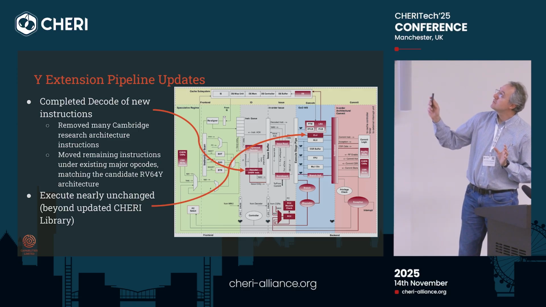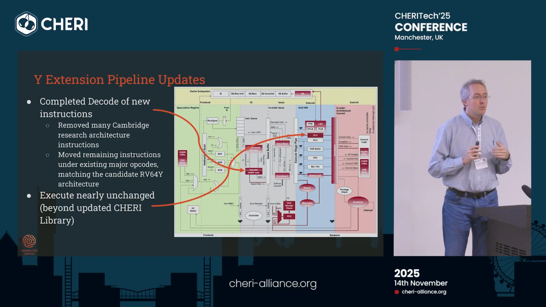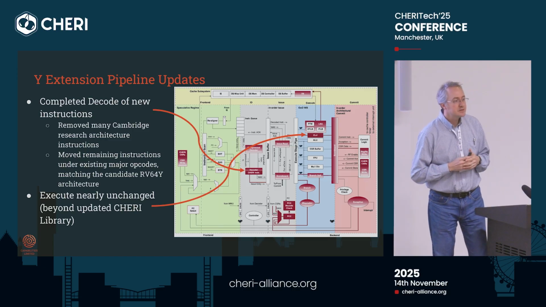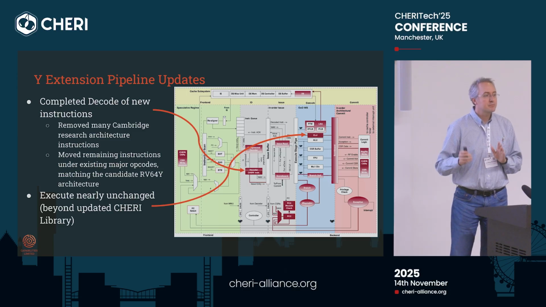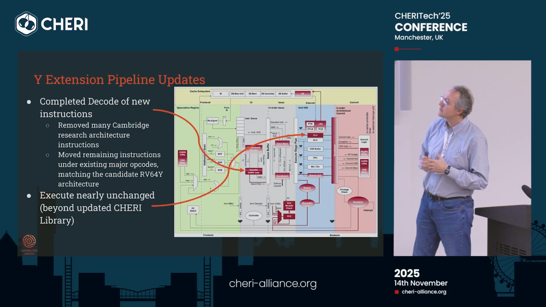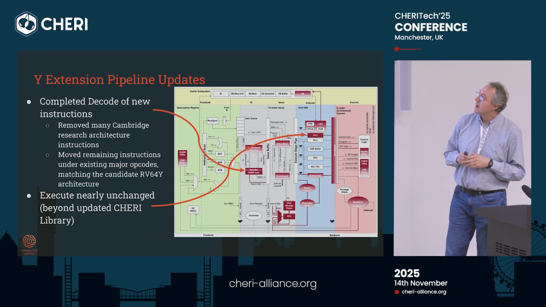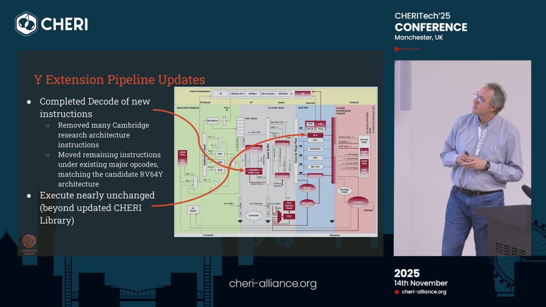And so once we updated the decoder, mostly the capability logic unit was just calling those functions, and when we updated the library and swapped it in, the new functions worked as they were intended, so that really helped clean things up.